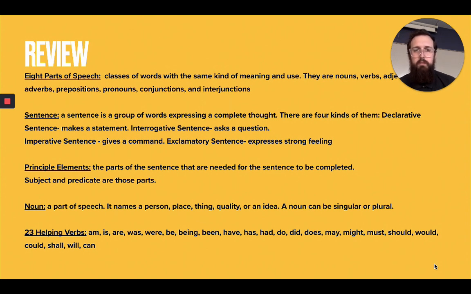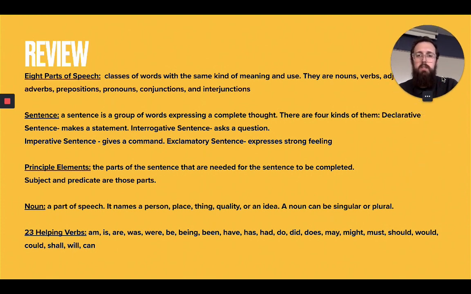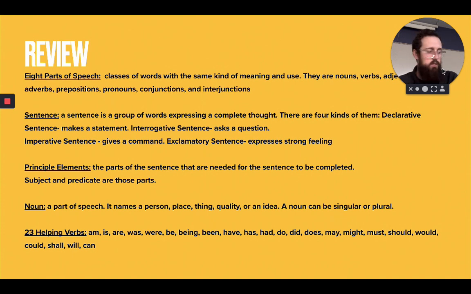Quick review of what we just covered. The 8 parts of speech are classes of words with the same kind of meaning and use. They are nouns, verbs, adjectives, adverbs, prepositions, pronouns, conjunctions, and interjections. A sentence is a group of words that expresses a complete thought.